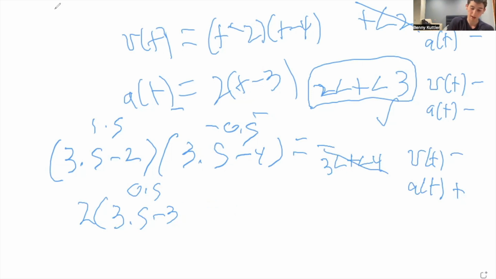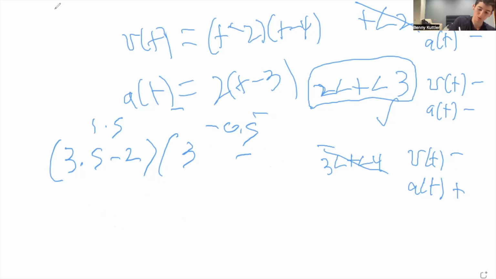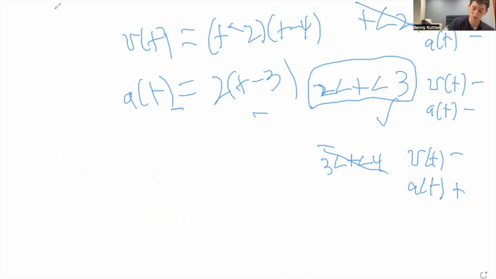Okay, and our last interval that we can check is when t is greater than 4. So let's try 5. We don't have to do a fraction because we're not doing between 2 points. We don't need to do 4.5 just because we're not bounded by another number.